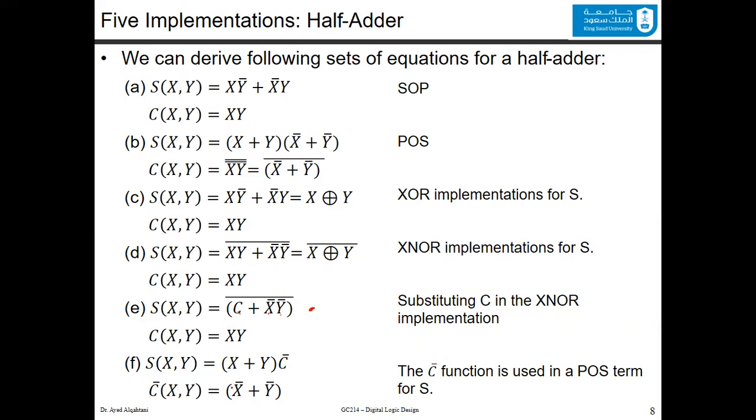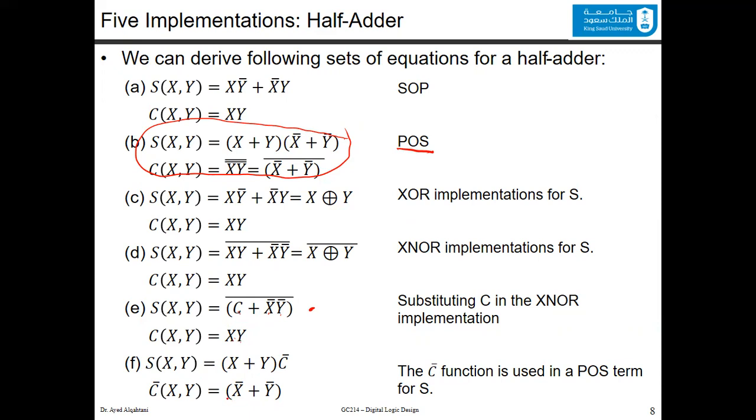In the last implementation, we have the C bar function used in a product of sum term. So we will check the product of sum. We know that C bar, if you apply a full bar above X and Y and then use De Morgan's law by breaking the line and changing the sign everywhere, the X will be X bar, the AND will be OR, and the Y will be Y bar.